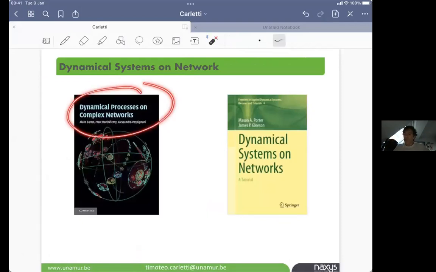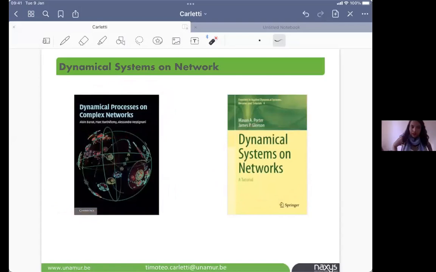One is, of course, Dynamical Processes on Complex Networks by Pastor-Satorras, Barthélemy, and Vespignani, two from France and one from Italy, now in the US. And this one, Dynamical Systems on Networks by Mason Porter and James Gleeson, are two quite good books. This one is more recent, this one is a bit older, but they are still good books. If you want an idea of processes on networks, diffusion like random walks and so on, you can have a look at these books.